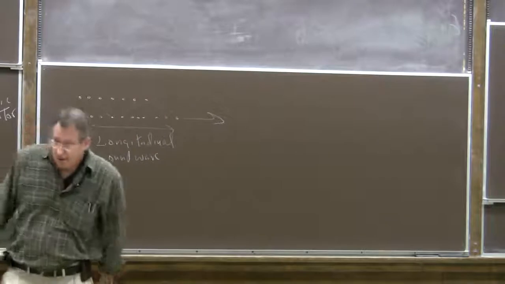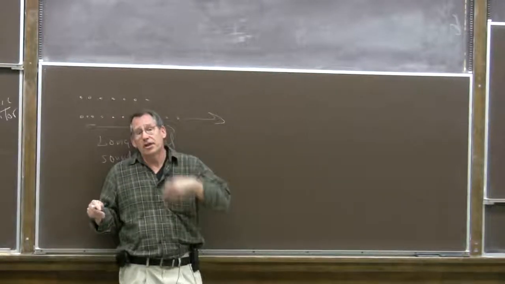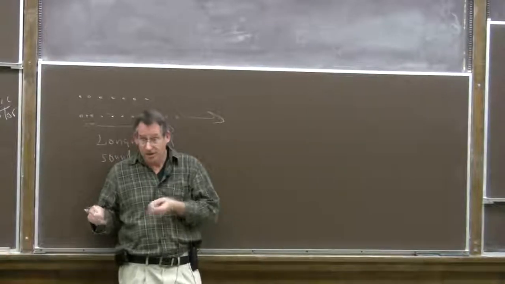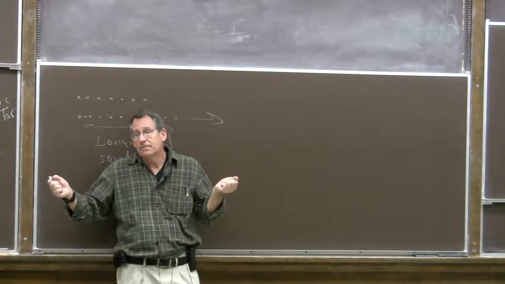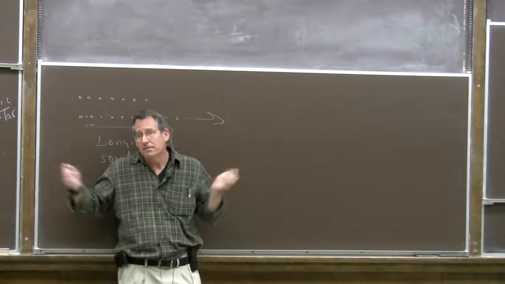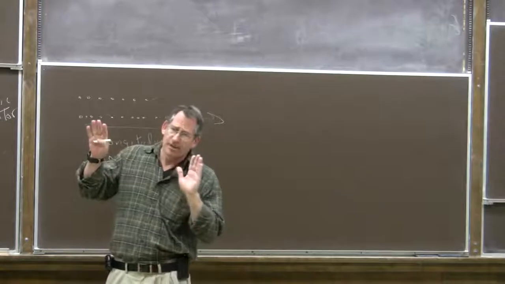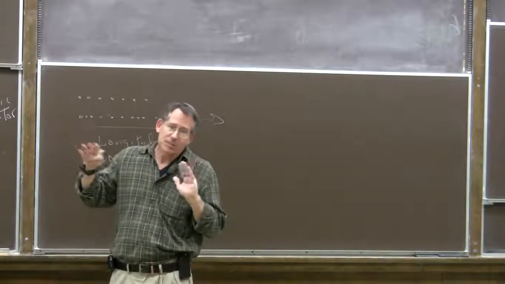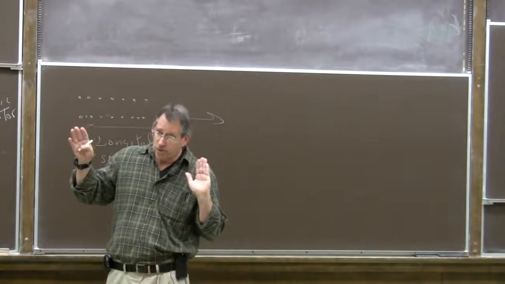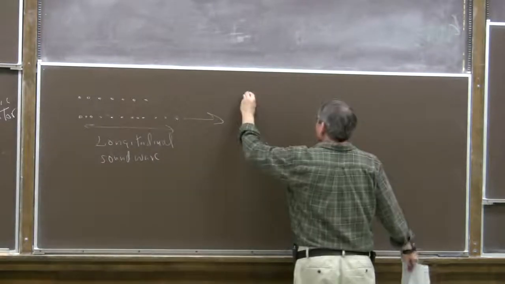Now, it is true that there isn't any general reason why the transversely polarized phonons and the longitudinal phonons have to have the same speed. Okay, they could be different dispersion relations and different speeds. But I'm not going to worry about that type of complication here to keep the math simple, and because it's not too far from the truth. I'll suppose that the three polarizations all have the same speed of sound.